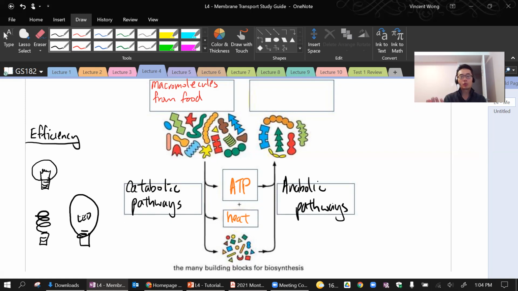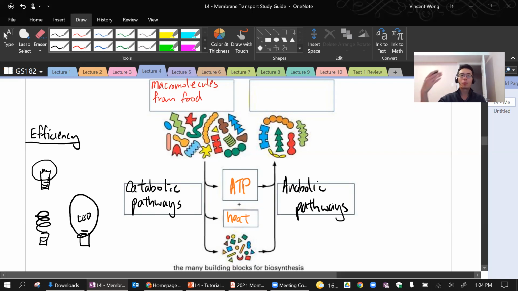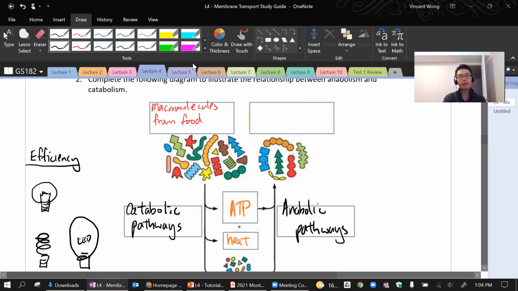Maybe we need to create some storage form of energy, so we would have to build glycogen, and maybe we need to repair the cell membrane, and we have to make some phospholipids. Whatever the case, taking the monomers to build a macromolecule, we call that the anabolic pathway, and that requires ATP.